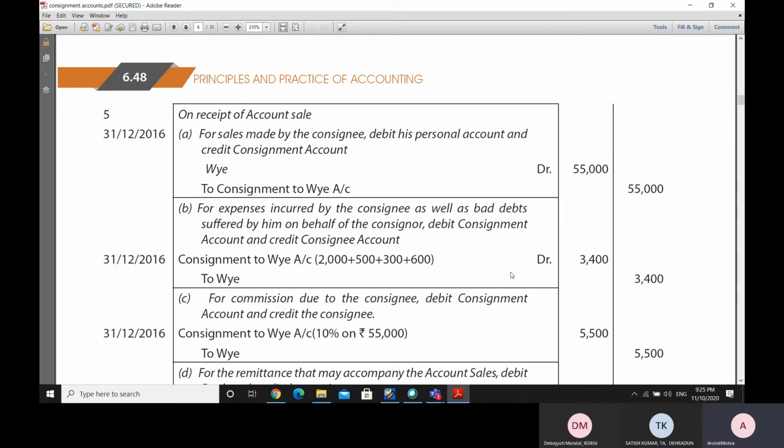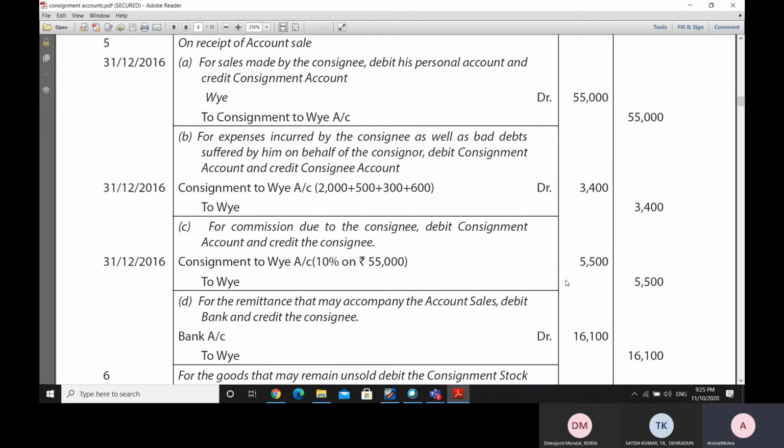They are also being debited here and credited to Y. Thereafter, because these are the expenses which are incurred by the consignee, or they are the bad debts suffered by the consignee, like this 600 rupees, the bad debt. So we debit the consignment account in respect of these expenditures because these are the expenditures of the consignment, and we credit Y because these have been incurred by Y.